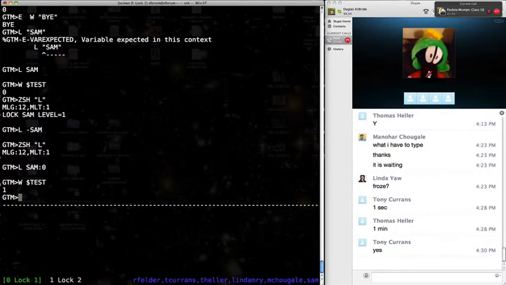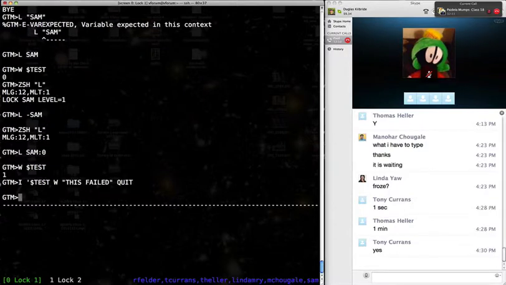So this is important for you: you always have to use timeouts whenever you do reads in VISTA or you do locks or you do opens. Therefore, you should always be checking $TEST after it. You always find a lot of code that reads like this: if not $TEST, write "this failed" and then quit. You see that a lot in VISTA.